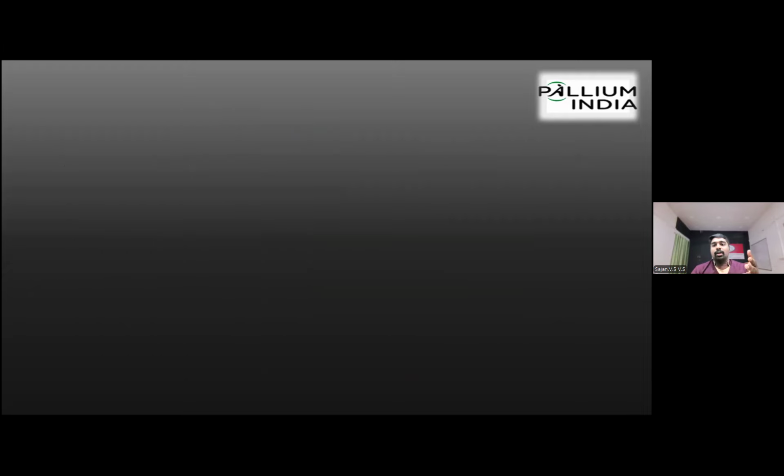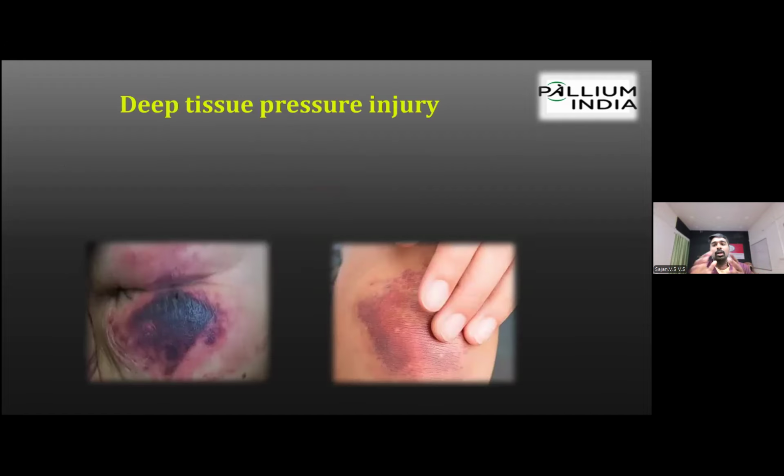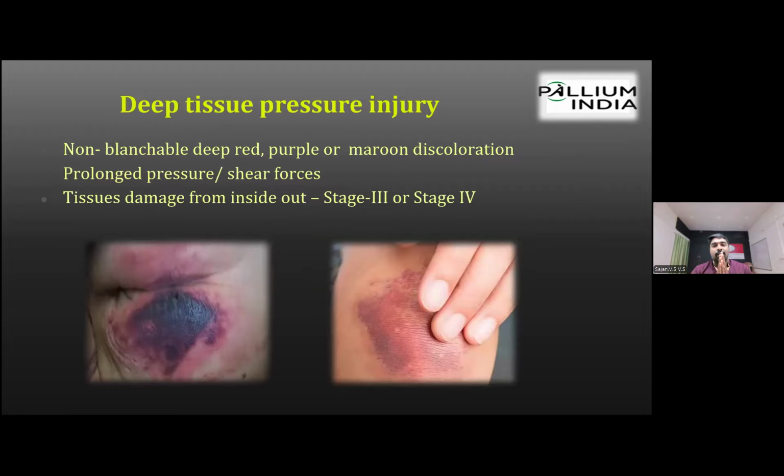Another one, again a sixth one more: the pressure injury we recently added, deep tissue pressure injury. Number-wise we call it stage 6. There is one difference. This and stage 1 are both non-blanchable, but in this one the tissues up to stage 3 or stage 4 depth are already affected, while the superficial skin is not lost at all.